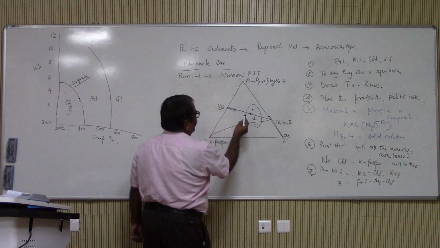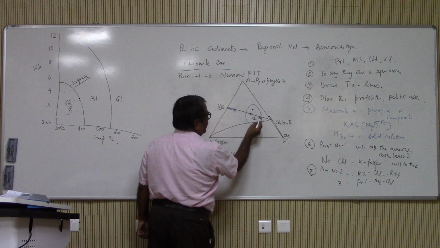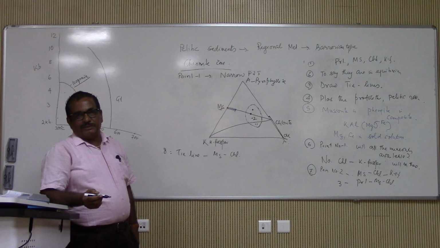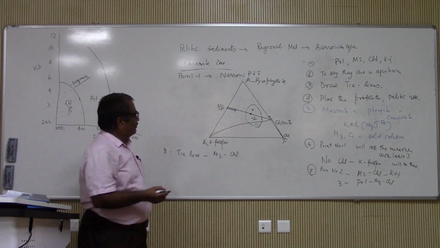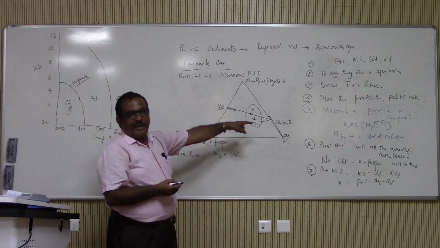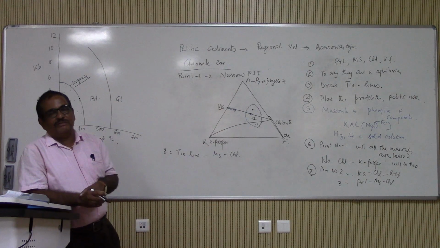That also you can decide. Suppose this point is this side, more muscovite will be available. If it is this side, more chlorite will be available. मेरा बात समझा कि नहीं समझा? Similarly on this line, potash feldspar chlorite. So this is the use of tie lines, you know.